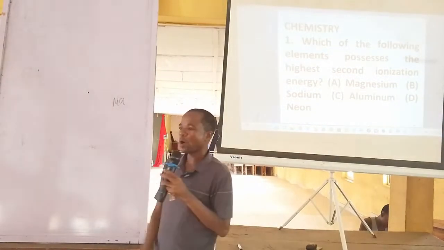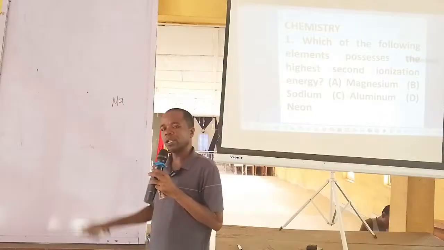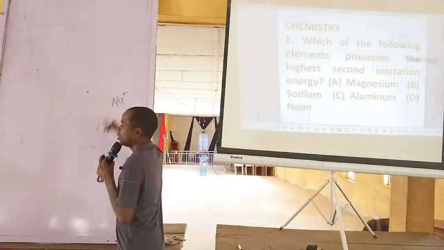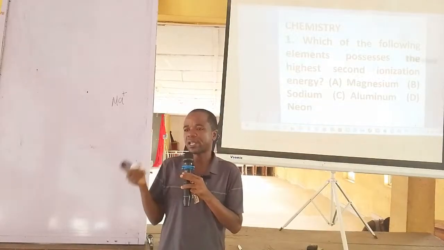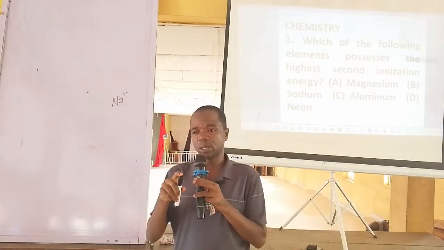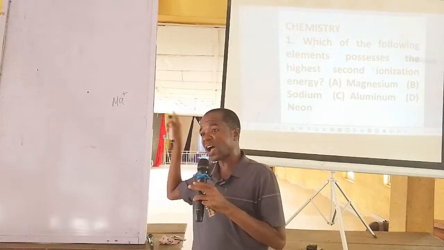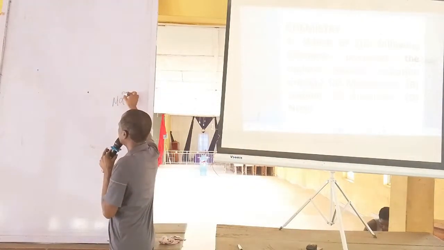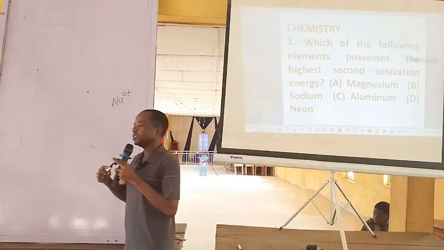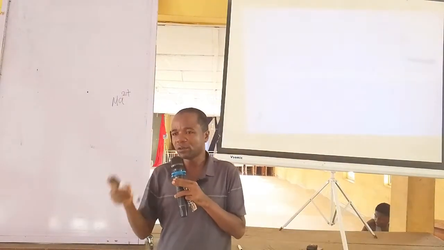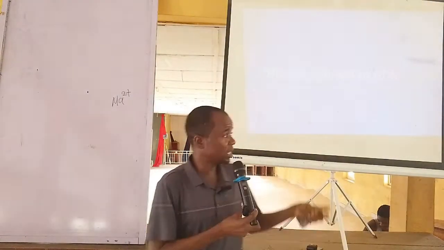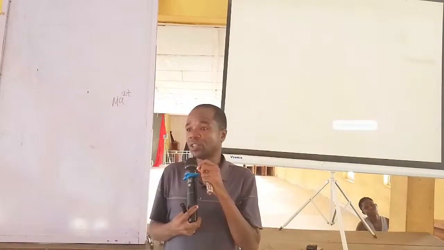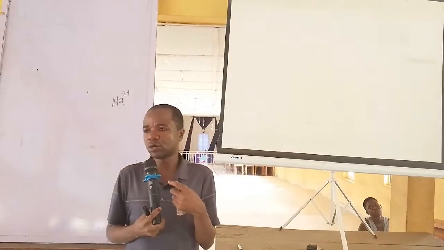The energy required to remove one electron from sodium so that sodium now forms Na+, that is the first ionization energy. But the energy required to remove another electron from sodium so that sodium now forms a divalent ion, that is the second ionization energy. That is the difference between the first ionization energy and the second ionization energy.